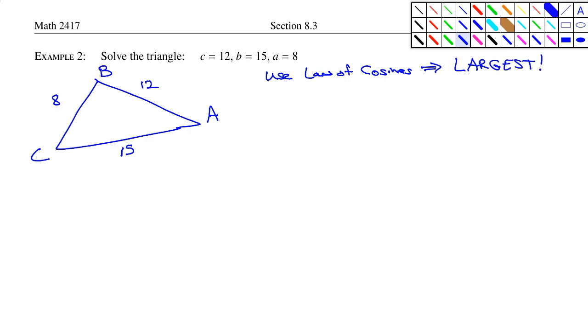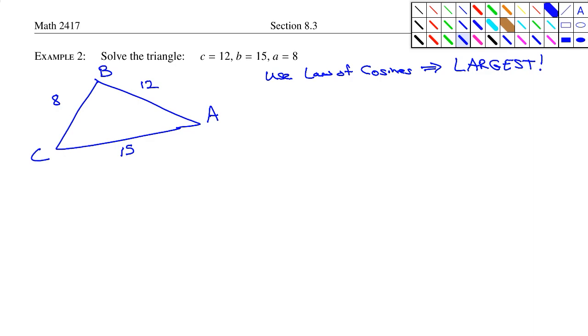This works because the cosine of an angle in the first quadrant is positive, but the cosine of an angle in the second quadrant is negative. So if we end up with an answer where the cosine of some angle is negative, that's going to give us the obtuse angle, which is really what we want to find.